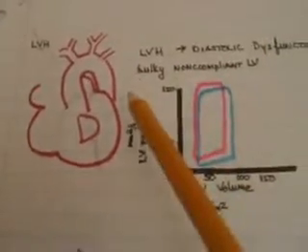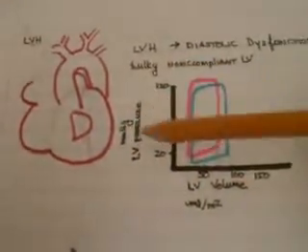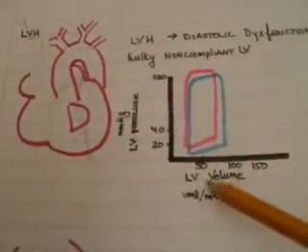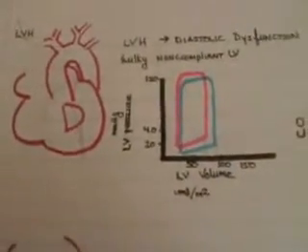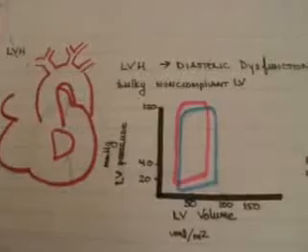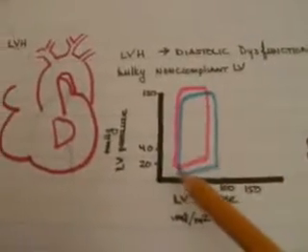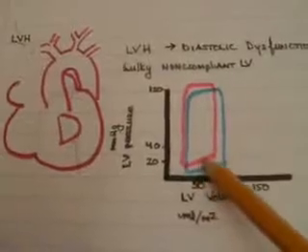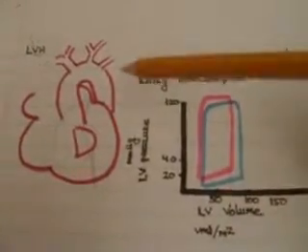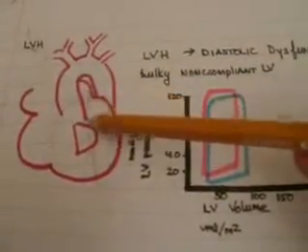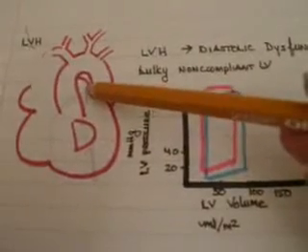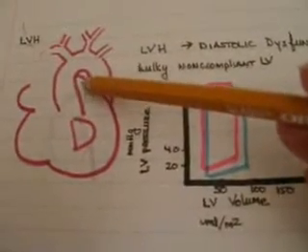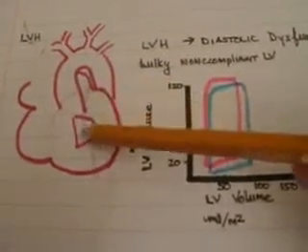First of all, the compliance, by definition, is a change in pressure over a change in volume. So if we were to look at the cardiac cycle, we can say that the beginning portion of this cardiac cycle is a movement of blood from the left atrium into the left ventricle.